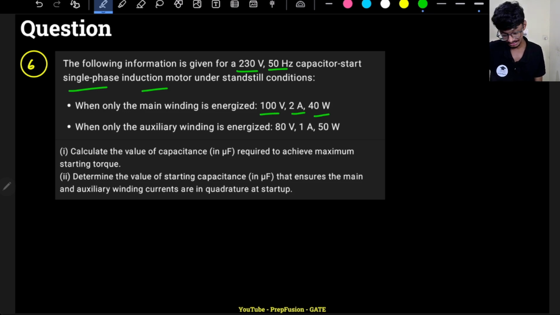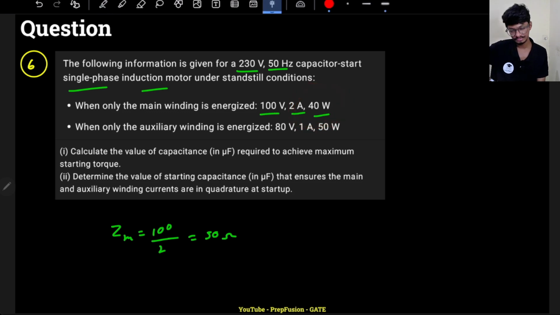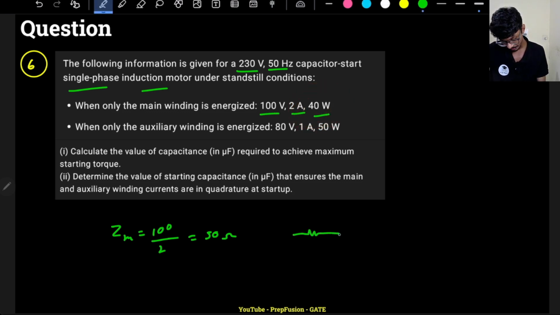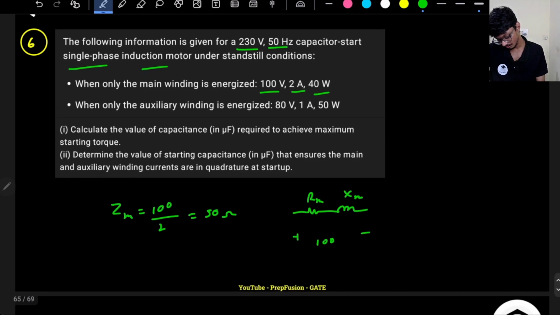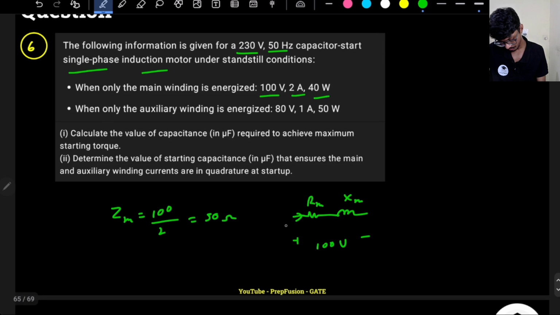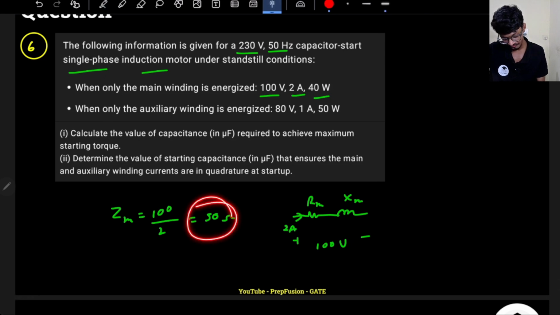That means at standstill condition, the impedance of the main winding will be what? 100 volt divided by 2, that is 50 ohms is the impedance.